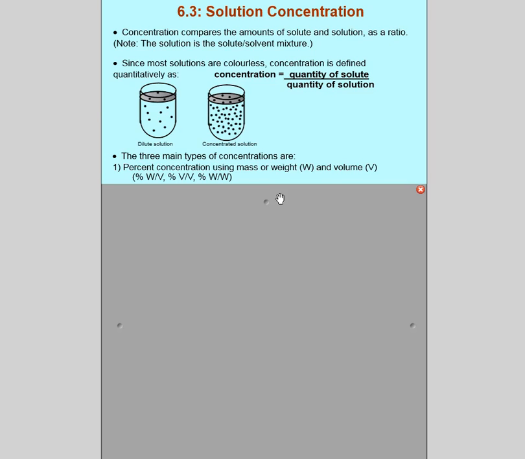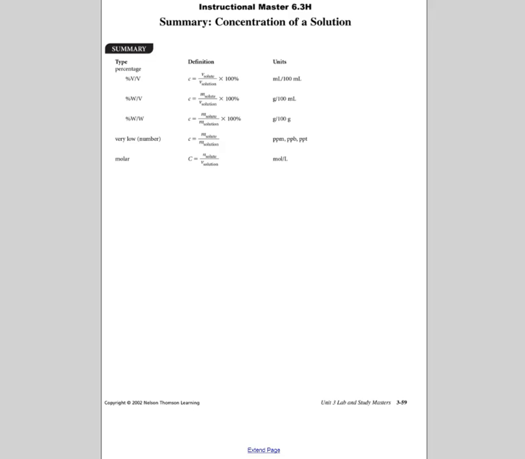They all tie back to 100 units of a given volume or mass, depending on, if you see in your handout, whether the percentage concentration is per volume or per weight. It would be over 100 milliliters or over 100 grams. Of course, percent, it's always out of 100.